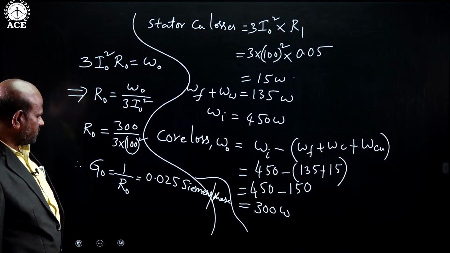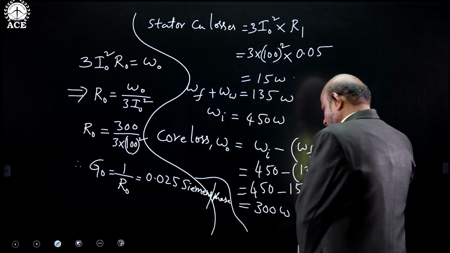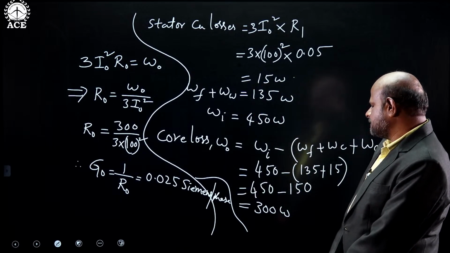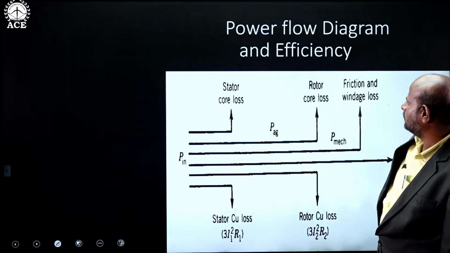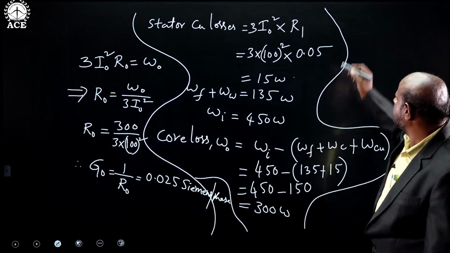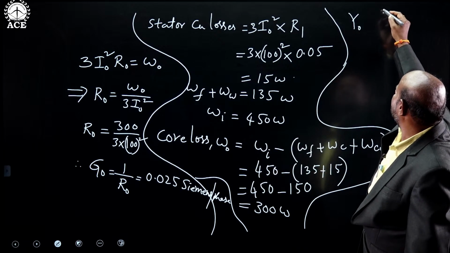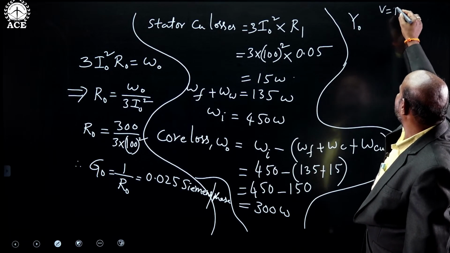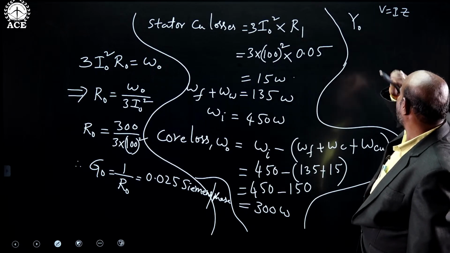Similarly, we can find out Y naught and B naught. To find out Y naught, we know the relation between V and I, V equal to IZ.